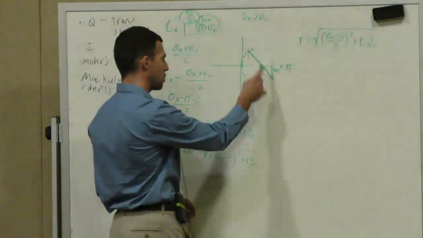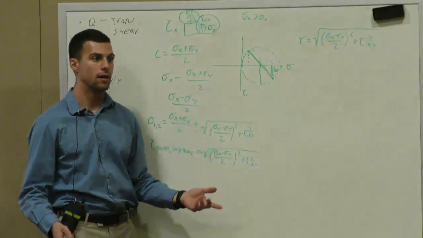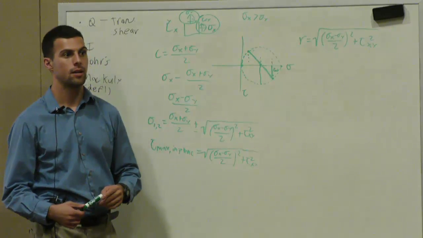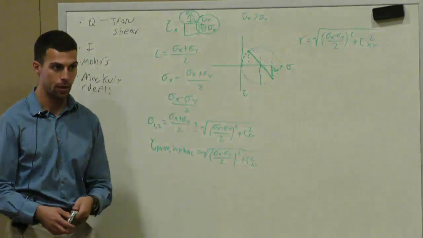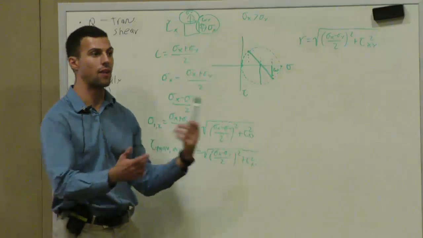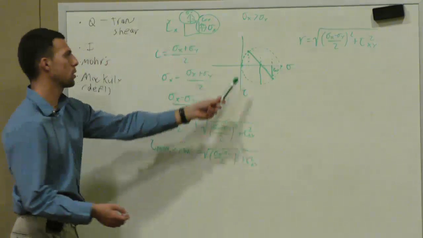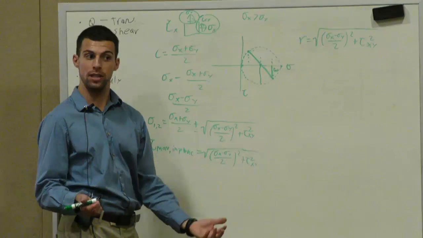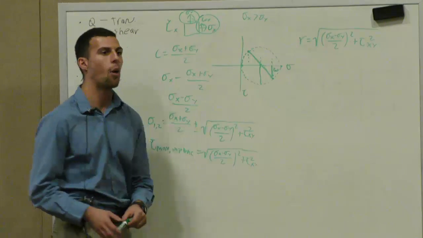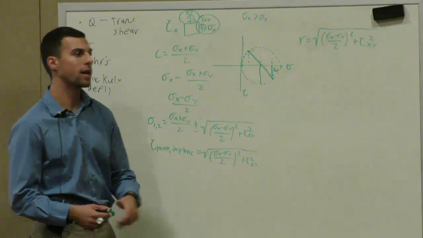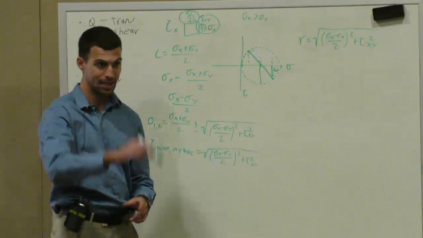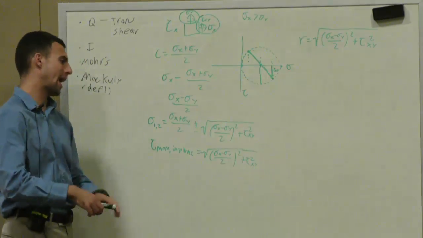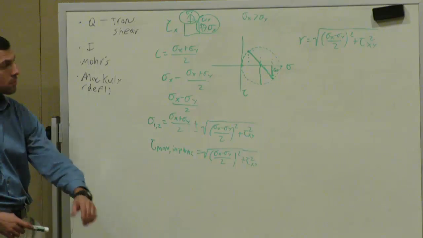So we graph those 2 points, then what? You draw the line, connect them with the diameter, then make the circle. And from that circle, you can establish your center, your max and min, otherwise known as your principals, and your tau in plane max.